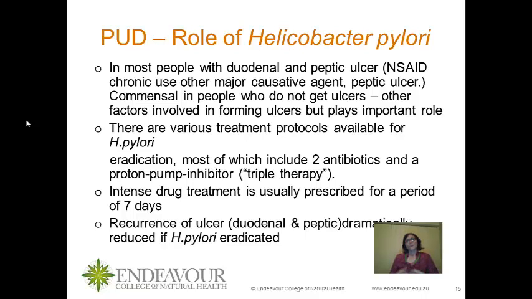So we'll see that the Western pharmacy can be life-saving for your clients. It involves triple therapy, 2 antibiotics, and then one of these other medications that we'll look at, such as a proton pump inhibitor.